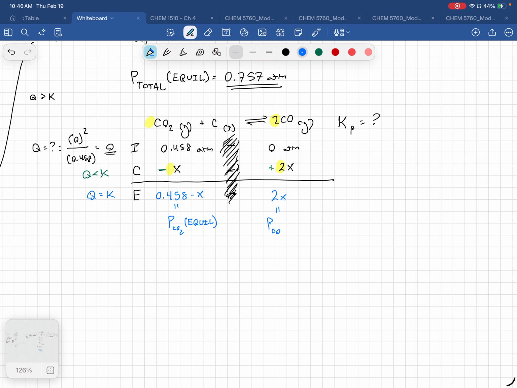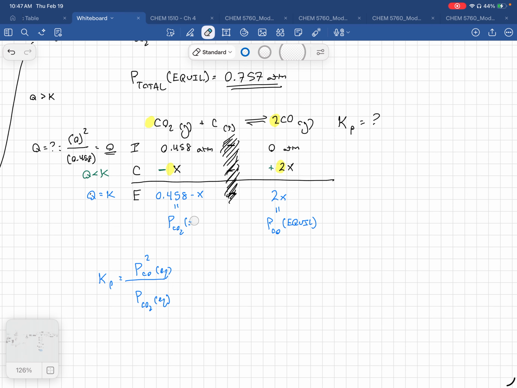So that is our pressure of CO at equilibrium. So again, we can set up our expression here. We know that our Kp expression is going to be our equilibrium pressure of CO squared, our product, over our equilibrium pressure of CO2 to the first power.